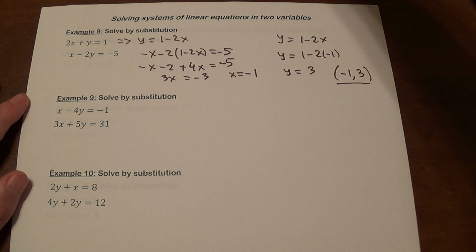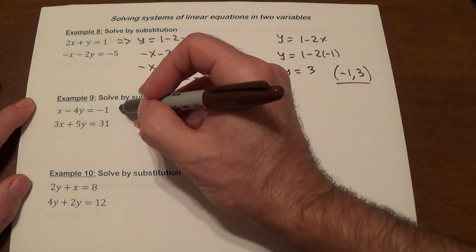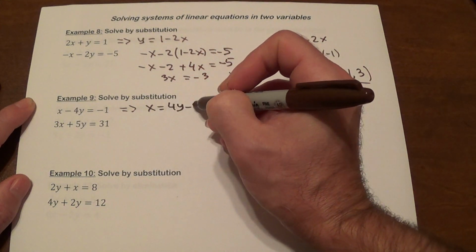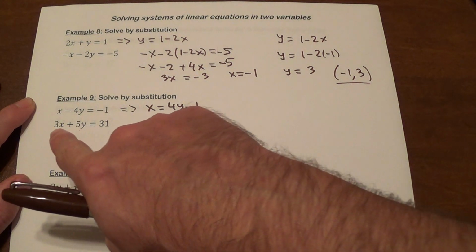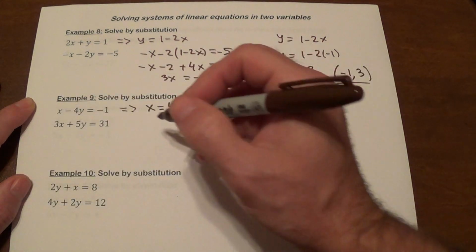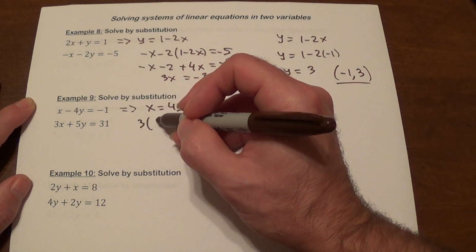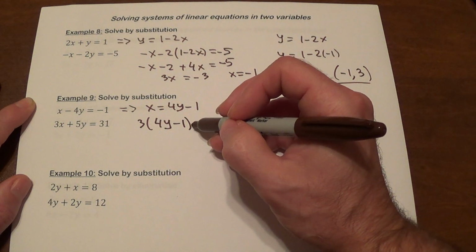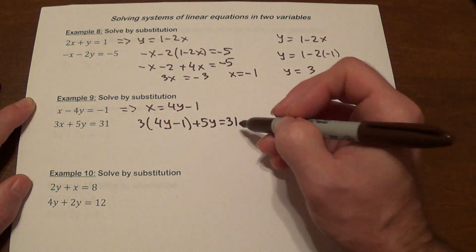Right, moving on. So we're going to take our first equation here, easier to solve that one for x. So x equals 4y minus 1. Now we're going to substitute that into x here. Right, so we're going to get 3 times (4y minus 1) plus 5y equals 31.